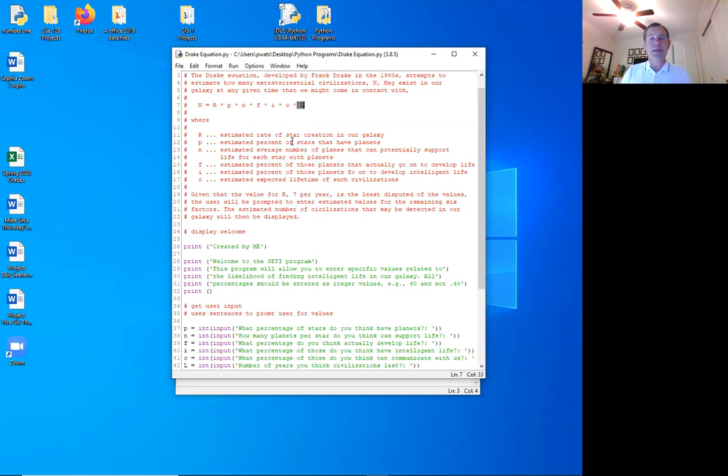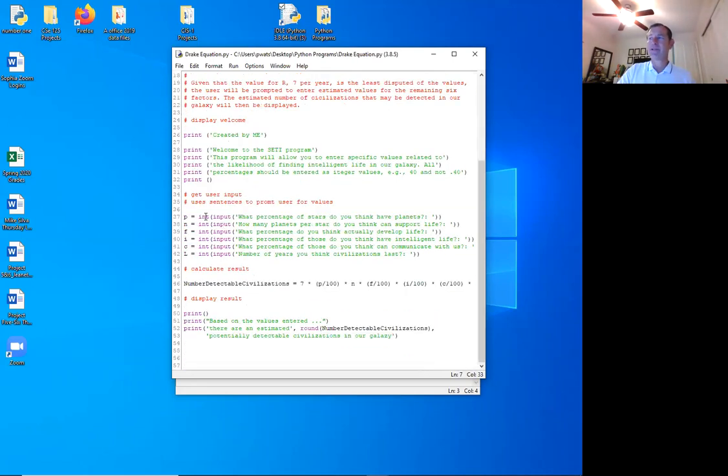The problem we get into sometimes is that when we're creating our own equations, we're doing our own math, it's obviously much simpler to name something a letter. And it's simpler when we're getting input and doing value assignments for variables.